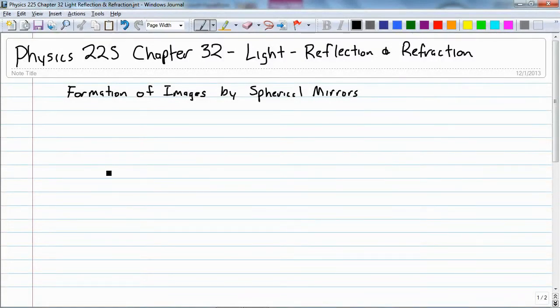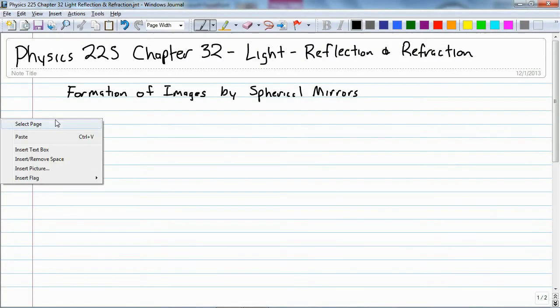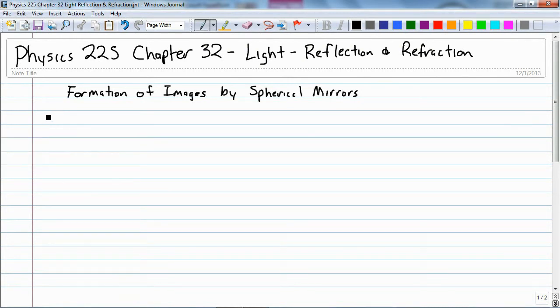When we talk about spherical mirrors, there's basically two types. Let's start with concave.